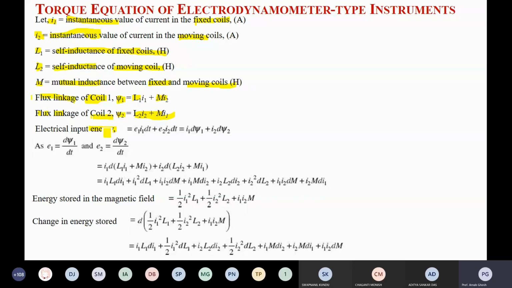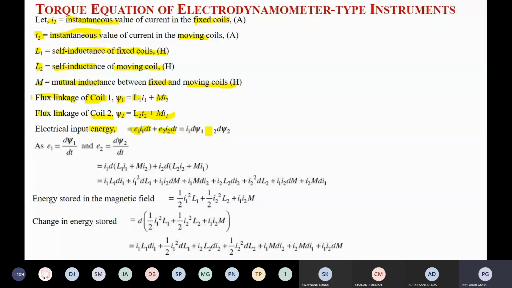You can also write the same thing in such a manner: I1 into d psi 1 plus I2 into d psi 2. So you are getting the expression directly, since E1 equals d psi 1 by dt and E2 equals d psi 2 by dt.